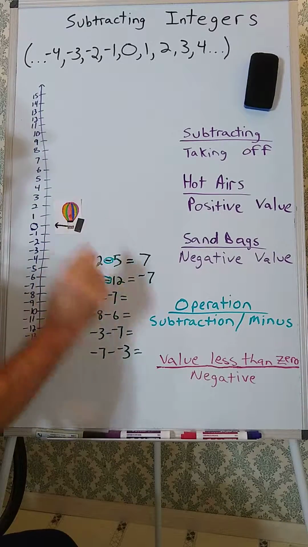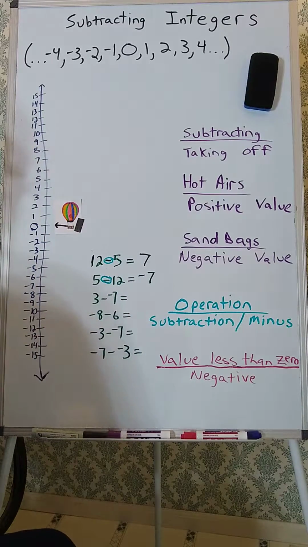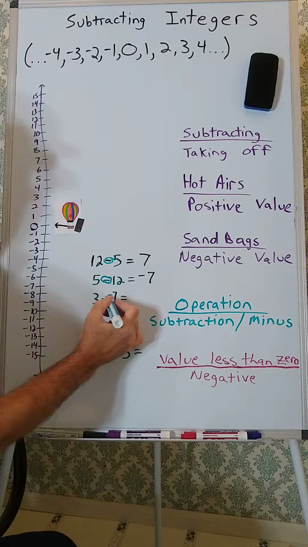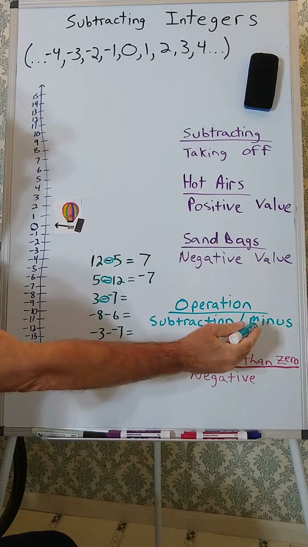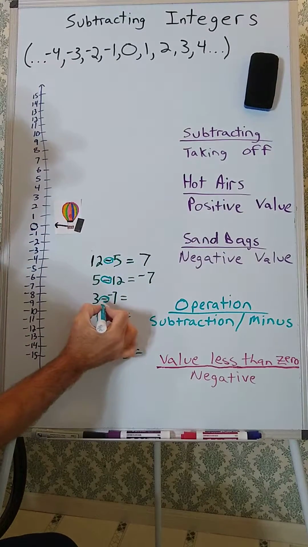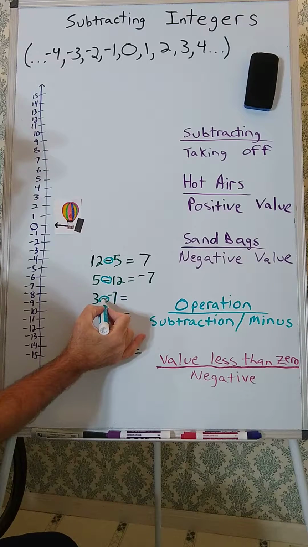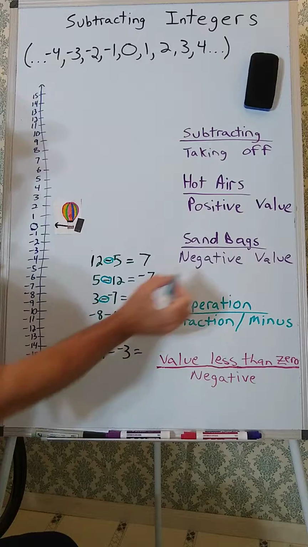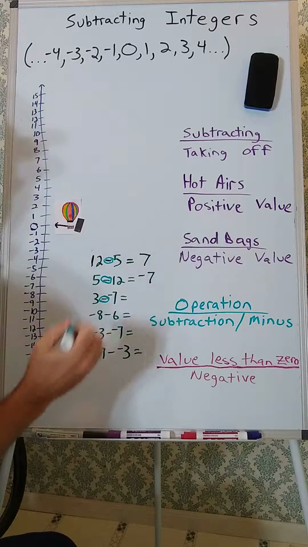All right, let's do the next one. 3 minus negative 7. The operation is this, 3 minus. That refers to the operation of subtraction, which means we're taking off. What's the number after the operation? A negative 7. So what are we taking off? We're taking off sandbags.